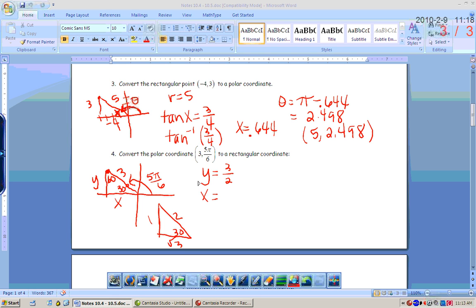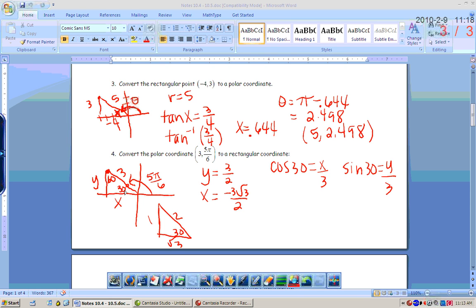So x is going to equal negative 3 halves root 3, or negative 1.5 root 3. And you just have to pay attention for the x's. But we could also have set up the cosine of 30 equals x over 3, and the sine of 30 equals y over 3, and solve those equations.